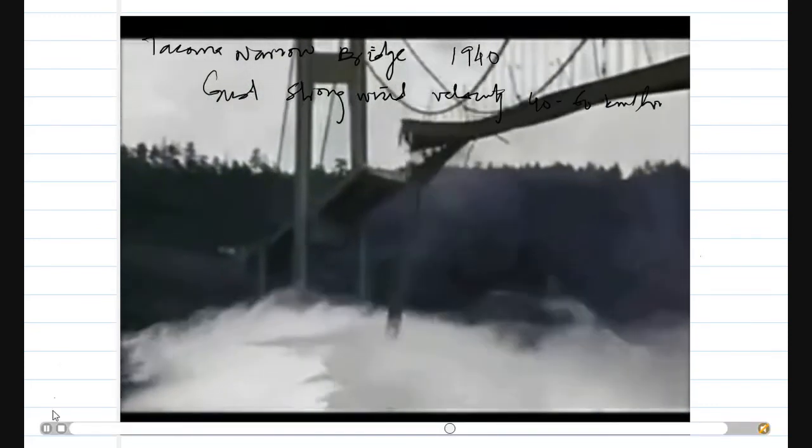Now, when this bridge collapsed, the major question was raised: what is the major cause of failure? It was 10 years later that they finally realized that this failure was because of flutter, which at that time was not known to science, and flutter is nothing but a self-excited forced vibration.